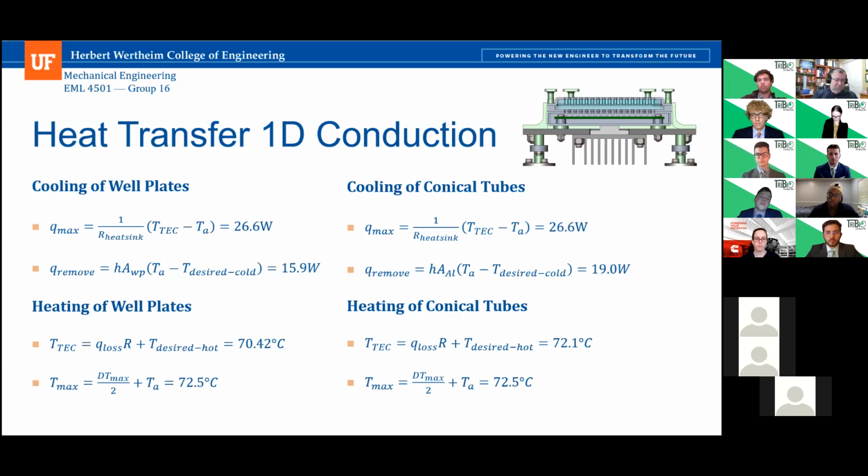But the heat will eventually be getting removed at the same rate that it's being supplied. And if there isn't enough heat being taken away from the well plates during the cooling process, the temperature can be driven down even more if the fan speed is increased as well.